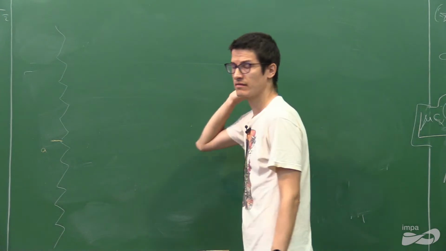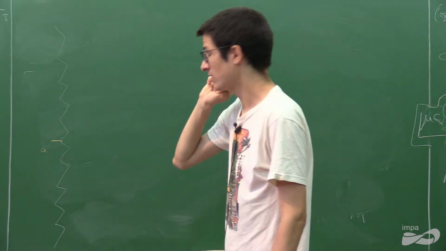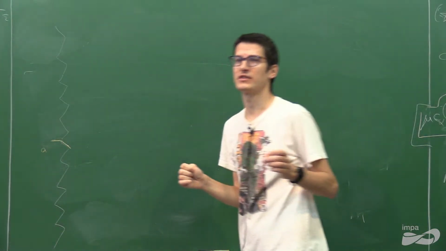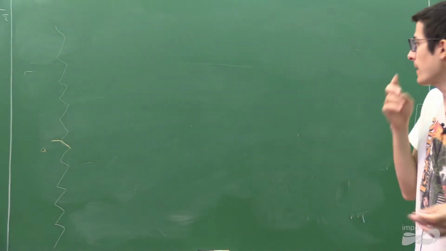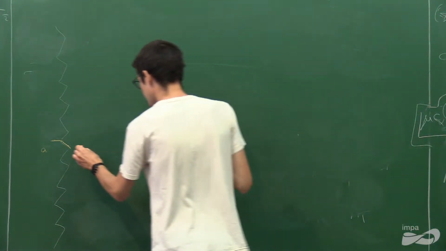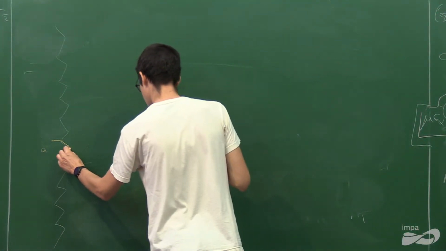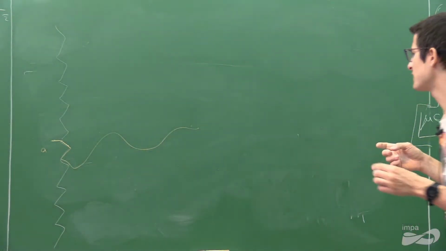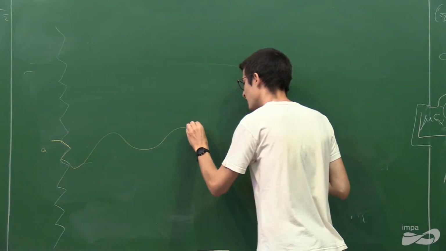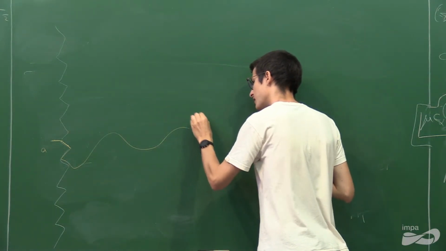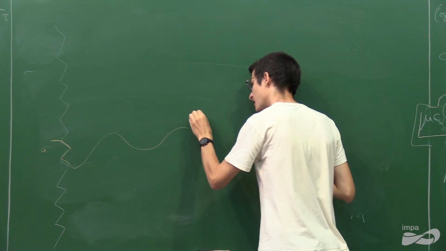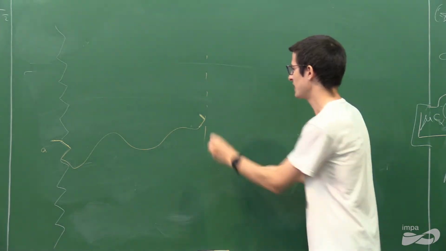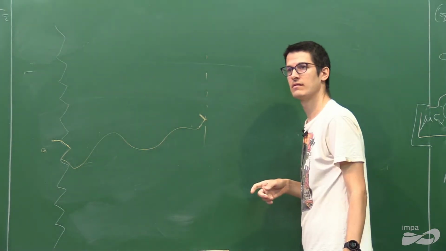I look at the rightmost point that the walk has attained. For the moment, I will assume that the rightmost point is not the last point. So this means that it has to be attained in a step like this.